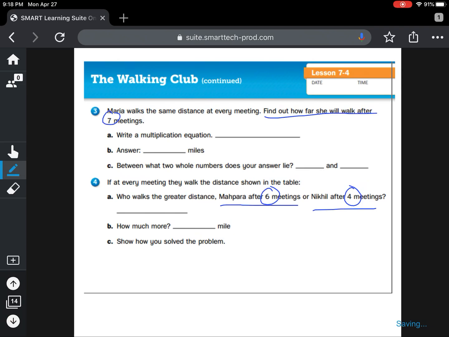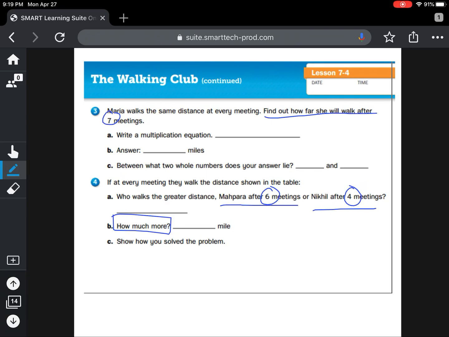So you have to decide, after working it out, who walks the greater distance and then how much more. To find how much more, you have to find the distance for Mafera and Nikhil. Then how much more means you need to subtract or find the difference between the two.